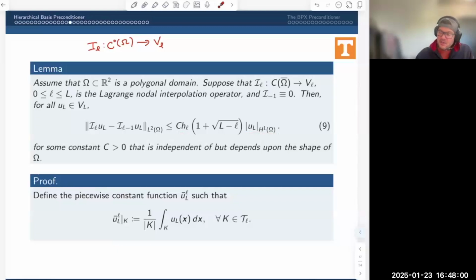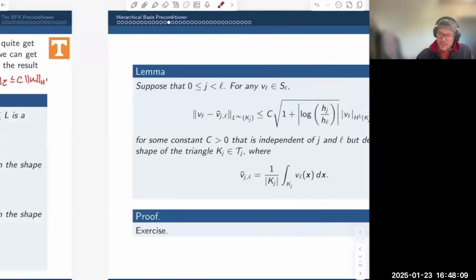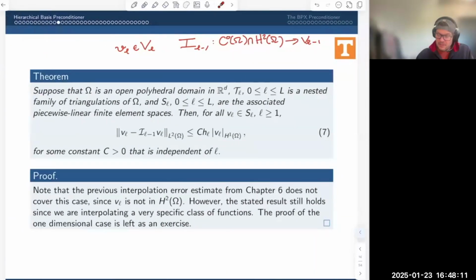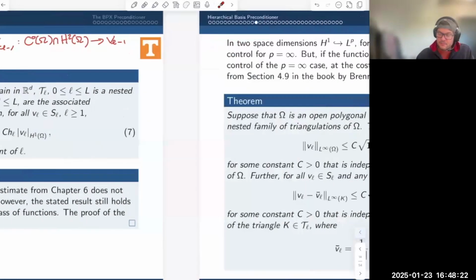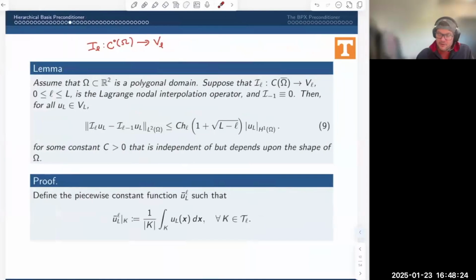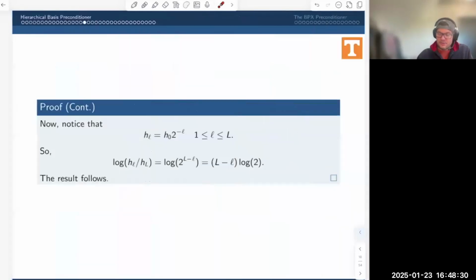But the surprising thing here is that I also get an extra little dependence that I wouldn't have before. So if I compare this result to the previous one that I had, there's no extra L dependence. There's only one HL and nothing else. But if I'm not comparing this with this, but instead I'm comparing two different interpolants, I have to pay this extra little price. Okay, so I'm going to skip the proof of that as well. Also not too bad.